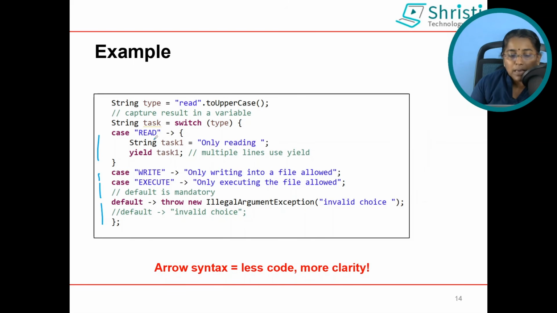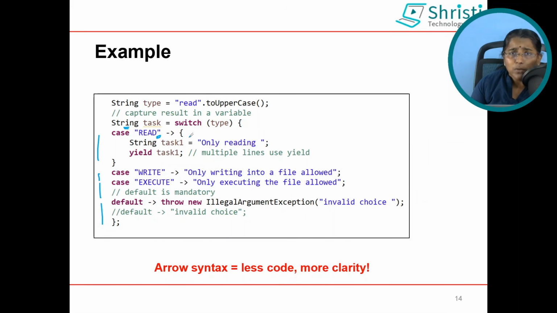This time I am not using colon, rather I am using arrow. Start with the curly braces within which whatever statements you want to add, end it with the return value. The return value should be of data type string. That's what I have given. Now the second case. In the second case, I don't have multiple lines of code.